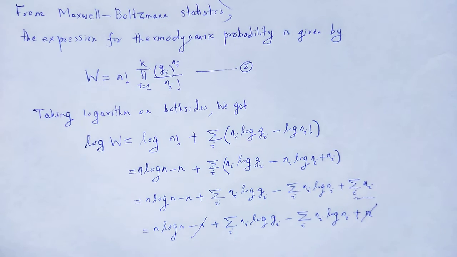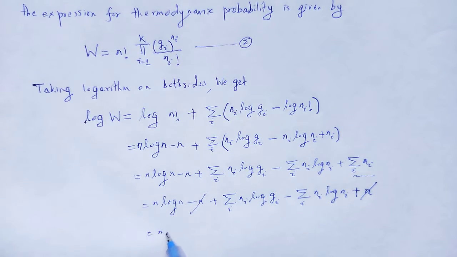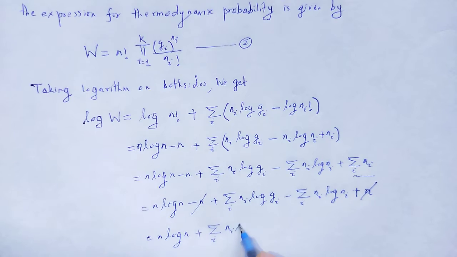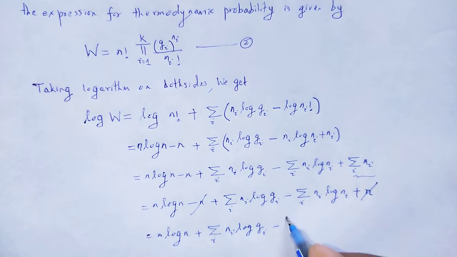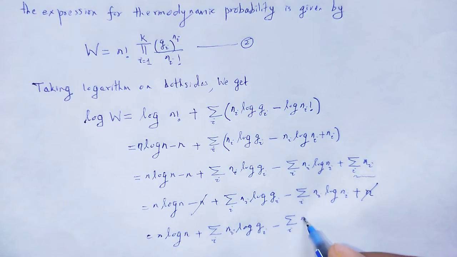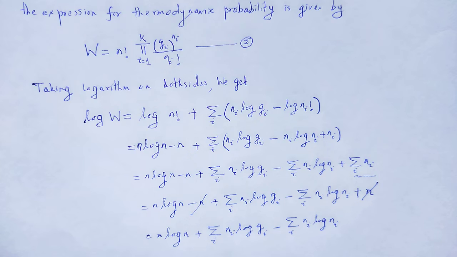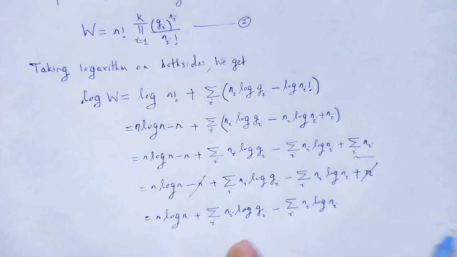Minus n and plus n cancel out, the terms that remain are n log n plus summation over i ni log gi minus summation over i ni log ni. Now the value of ni can be put by using Maxwell-Boltzmann statistics.